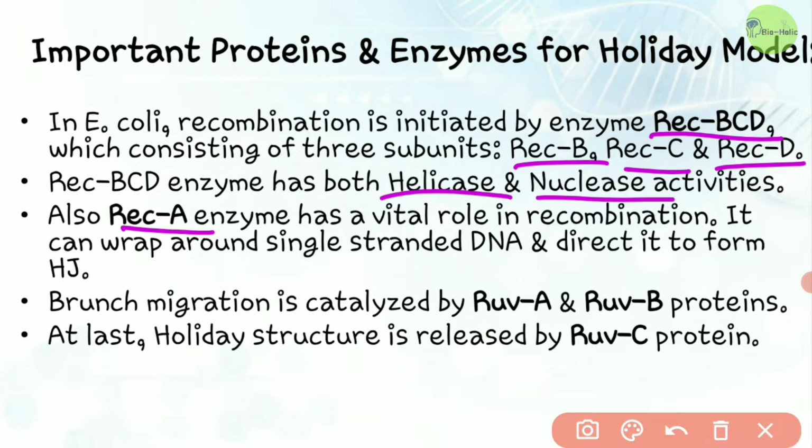It can wrap around single-stranded DNA and direct it to form Holliday junction. Branch migration is catalyzed by RuvA and RuvB proteins, and at last the Holliday structure is released by RuvC protein to form a duplex DNA. Okay?